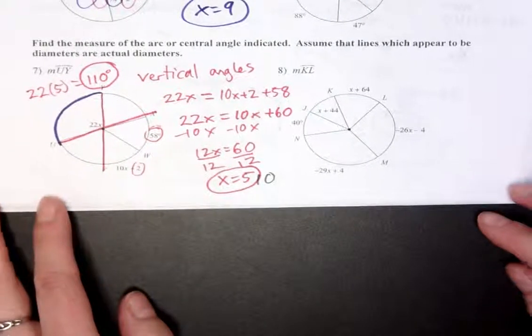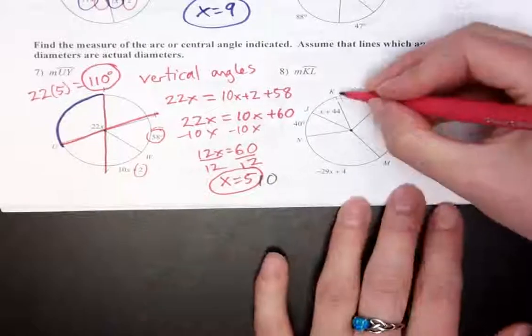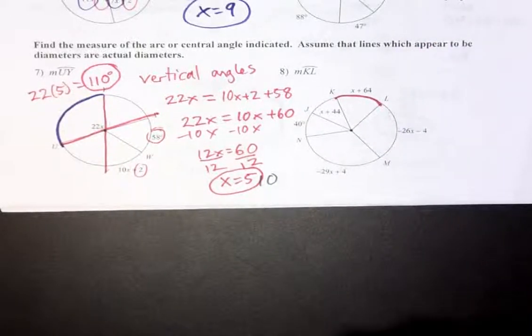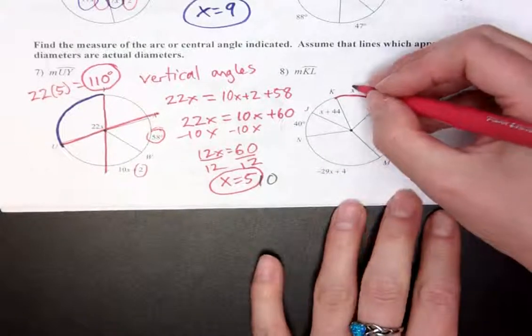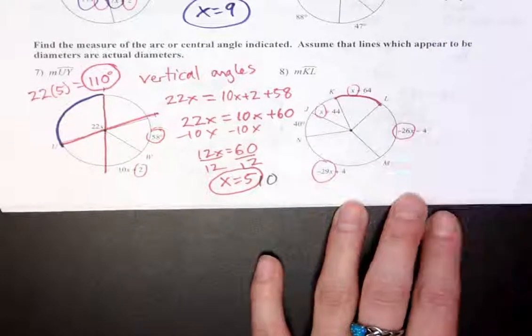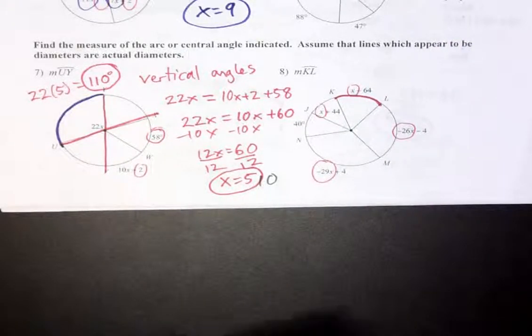All right, now we're asked to find KL. Is this going to be a simple equation, or do I have to add all up to 360? There's no diameters, there's no vertical angles, I have to add it all up. We have to do that. So do you want to add first or write out the whole equation? How many x's do I have here?